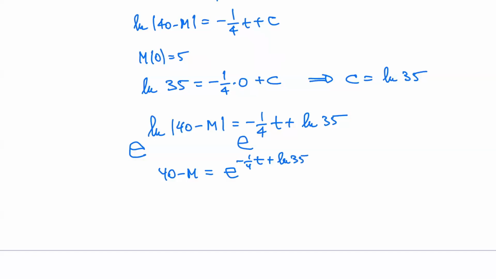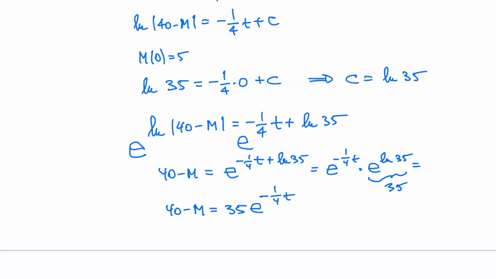But then, using the property of exponents, this is equal to e to the negative 1/4 t times e to the ln 35. And this expression is just equal to 35. So overall, we have 40 minus m equals 35 e to the negative 1/4 t.